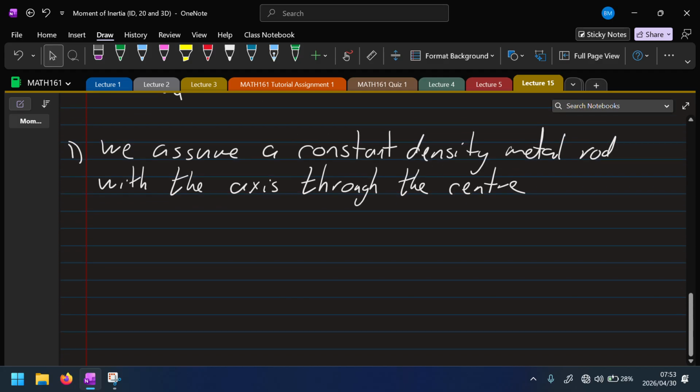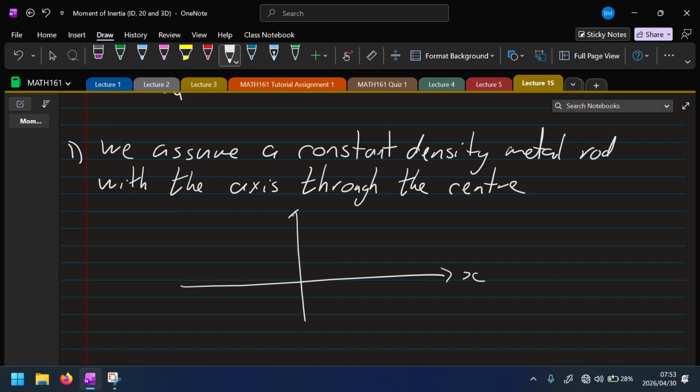Let's set up our coordinate system so we can put some numbers down. So let's have x and y, and we've got the rod along the x-axis here, and we rotate it around y. You can pick different axes if you want, x and z, whatever you pick, as long as we can put some numbers down. So this is through the center.